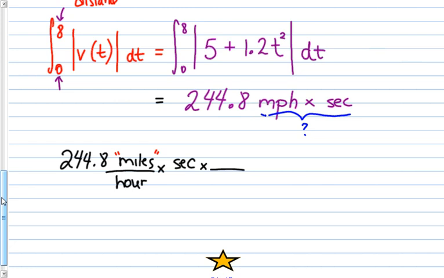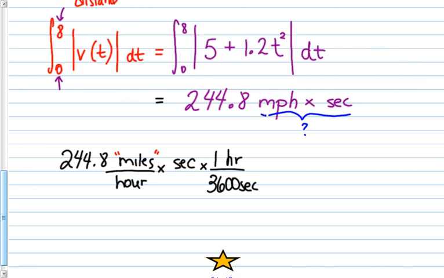So, 1 hour is how many seconds? So let's see, 60 minutes is an hour, 60 seconds in a minute. So 60 times 60, that's how many seconds I have.